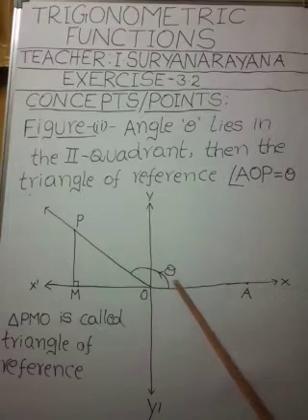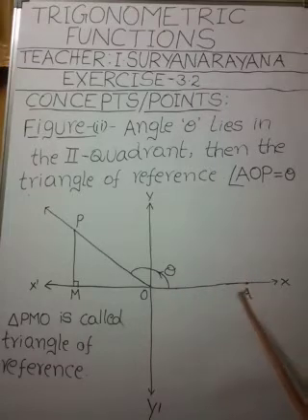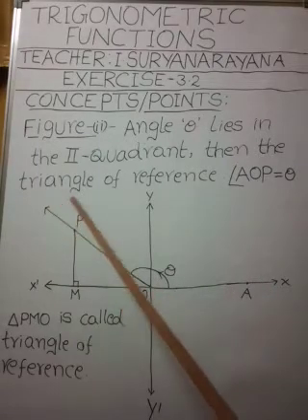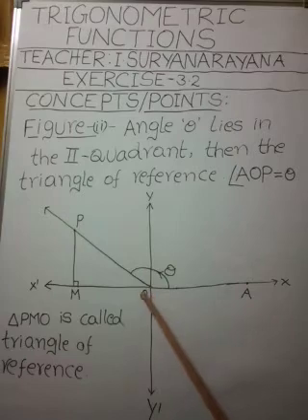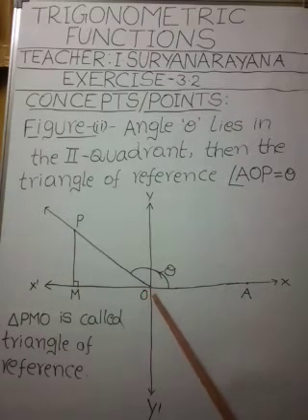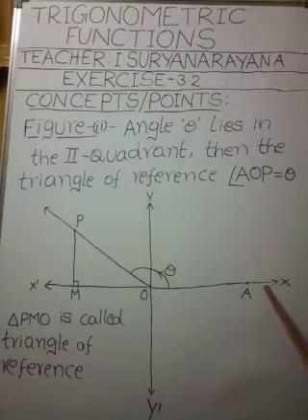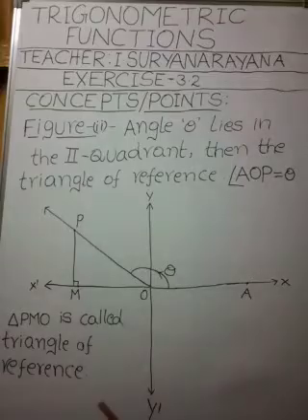Here the angle AOP is in the standard position because OA is the initial side of theta and OP is the terminal side of theta. The origin is the vertex of the angle theta. Then see, the initial side OA is the positive x-axis. Then what is the quadrant in which the angle lies? Yes, second quadrant.